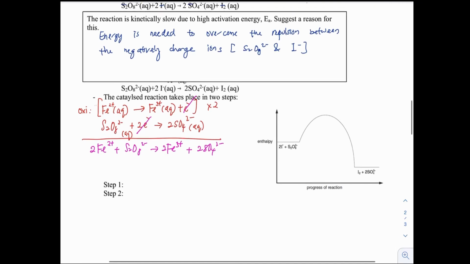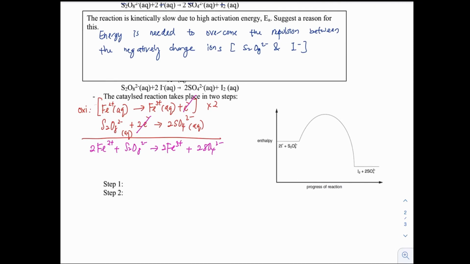Alright, now for step number 2, you can see that now you have your Fe3+. And we've said that the Fe3+ is the catalyst and is a homogeneous catalyst. So therefore, it has the ability to change back the oxidation number as well.